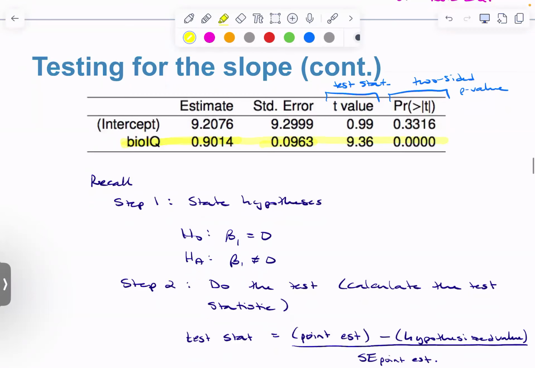You can try it. T would be 0.9014 minus, how far is it from 0? Your hypothesized value for the slope, divided by 0.0963. And I really hope it becomes something like 9.36.